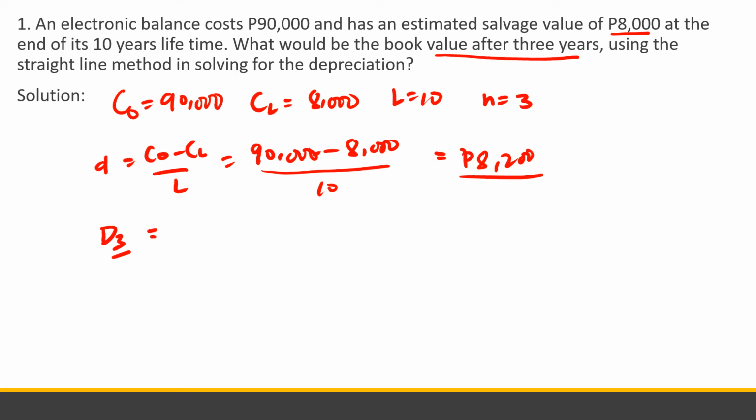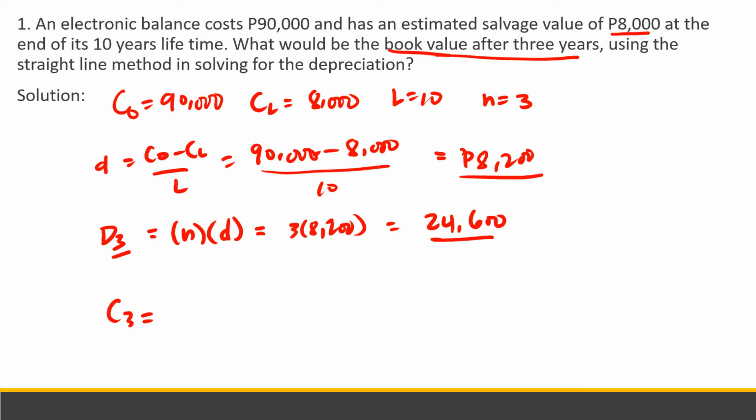So D sub 3 is N times the annual depreciation. After 3 years, the total depreciation cost is 3 times 8,200, so this will be 24,600 pesos.